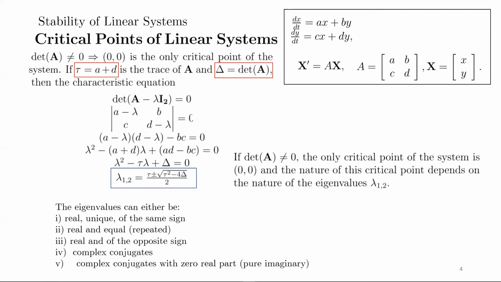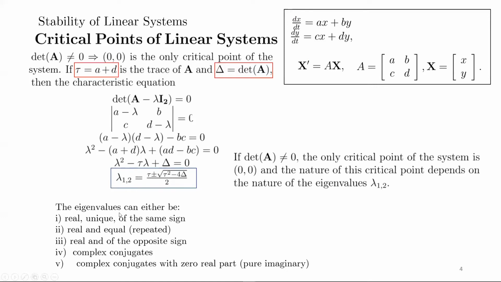The eigenvalues of this matrix A are given by, if tau is the trace of A and capital delta is the determinant of A, the trace plus or minus the square root of the trace squared minus 4 times the determinant, over 2.